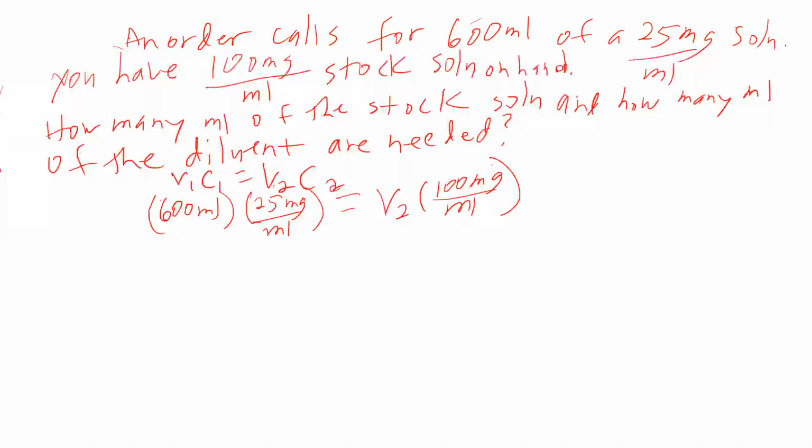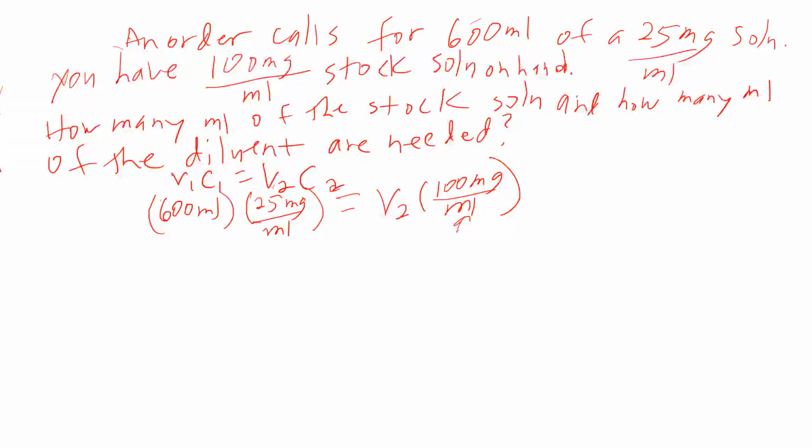Okay, so whatever V2 is, V2 is going to be the quantity of this stock solution on hand. And then V1, we could figure that out by subtracting the total volume from V2. So we'll do one thing at a time.